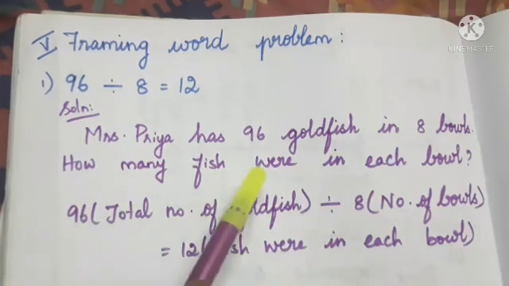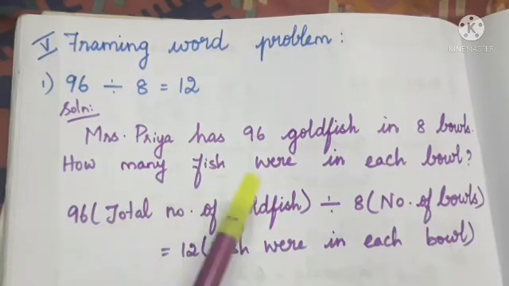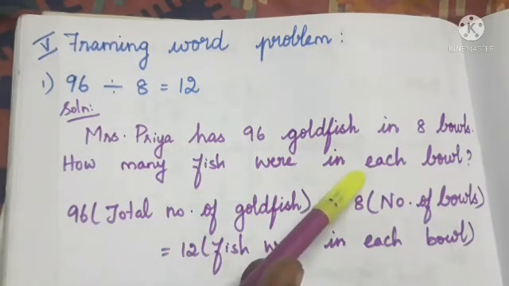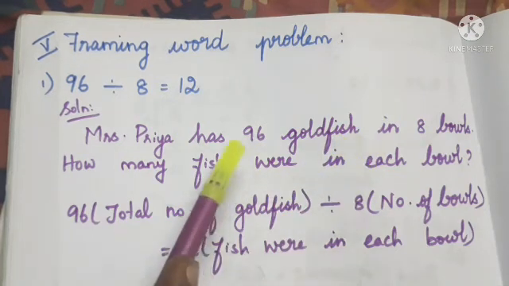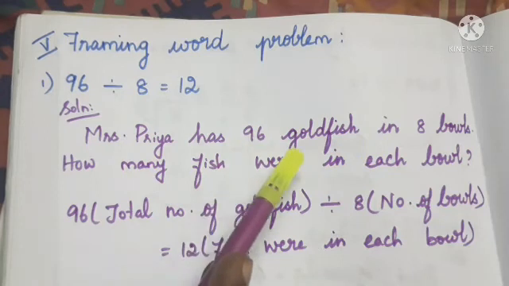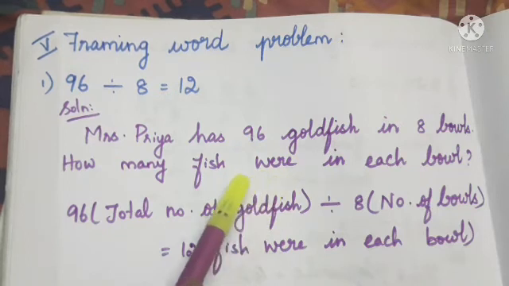They asked how many fish were in each bowl, which means in one bowl, how many fish are there? In 8 bowls there are 96 goldfish, and we have to find how many are in one bowl.